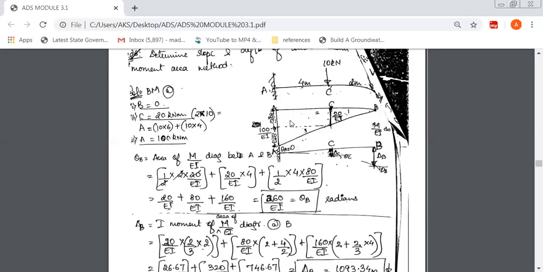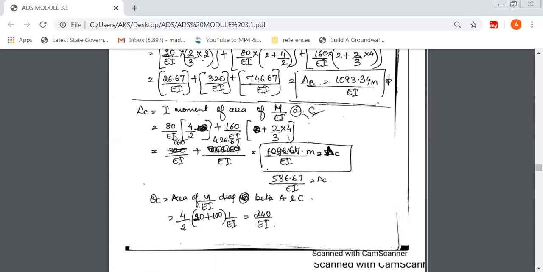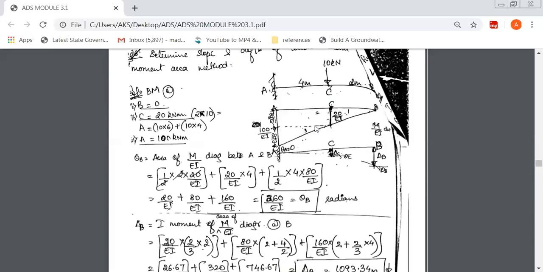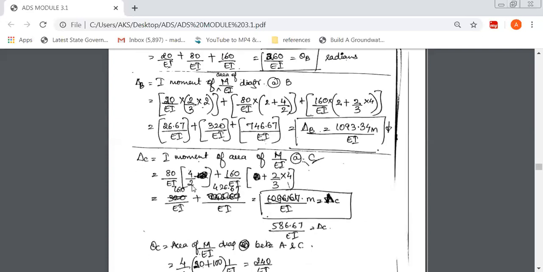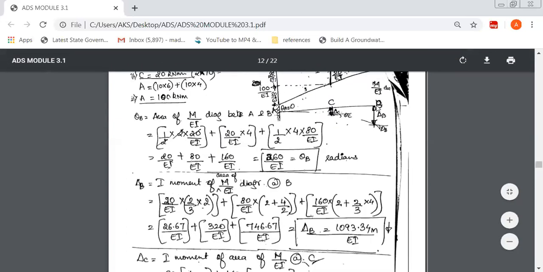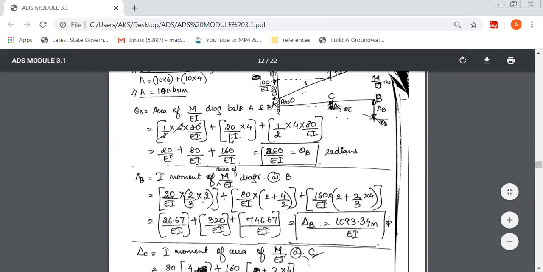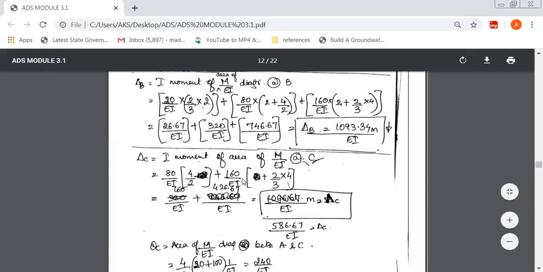First, the rectangle. Area of the rectangle is 80, so 80 over EI. Then what is the CG of this? Only this triangle about C now. So it is 4 divided by 2. Next, plus, the third quantity, it's a triangle. The third quantity is 160, so 160 over EI.